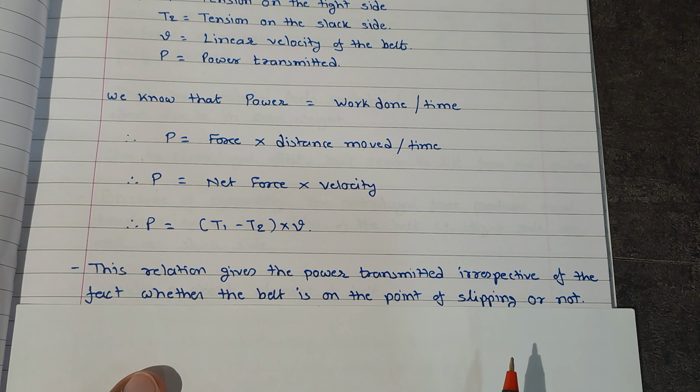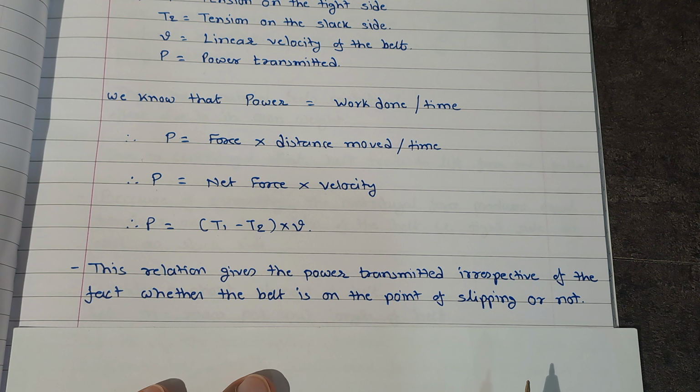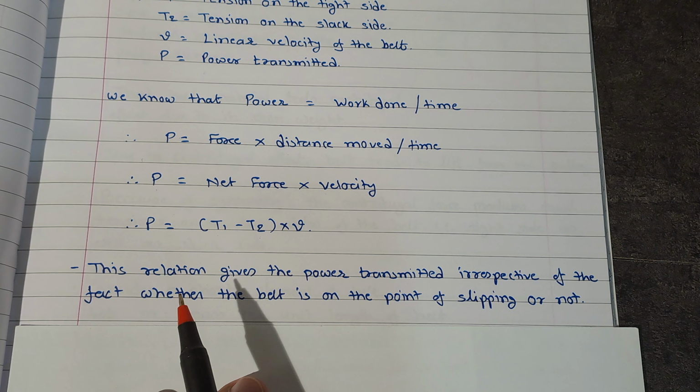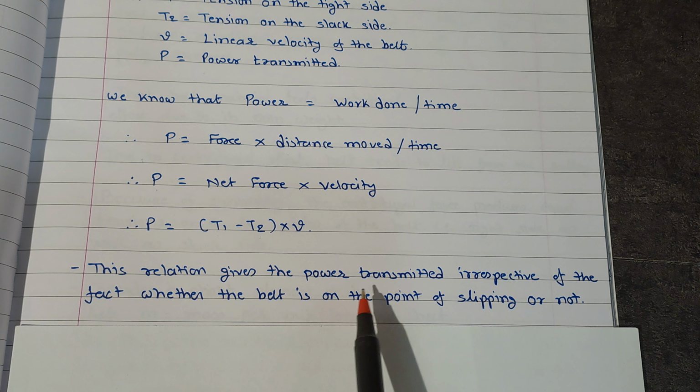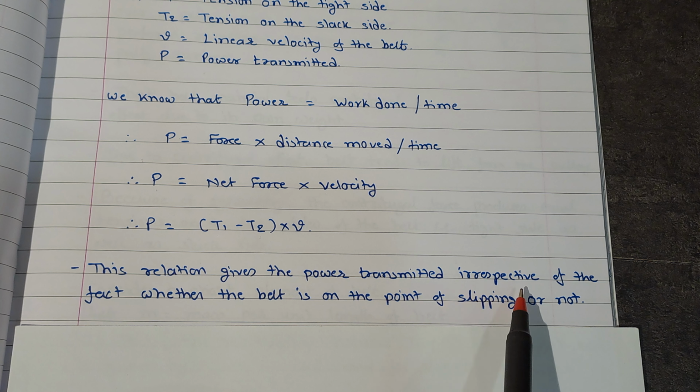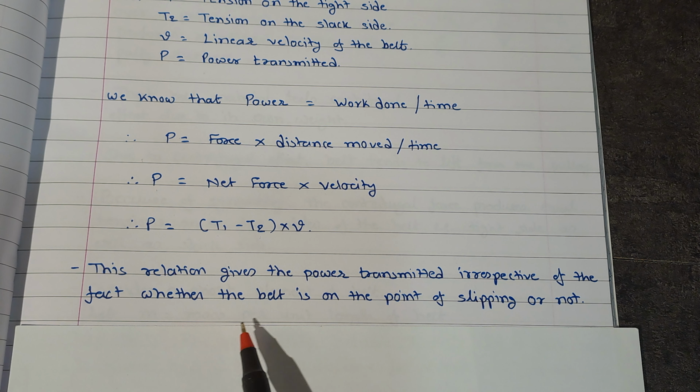We have to note some points related to this. The first point is, this relation gives the power transmitted irrespective of whether the belt is on the point of slipping or not.